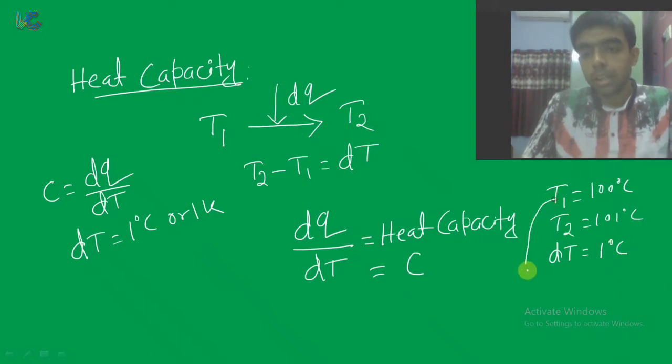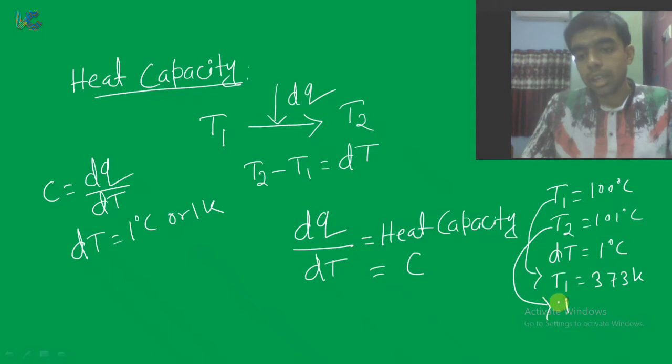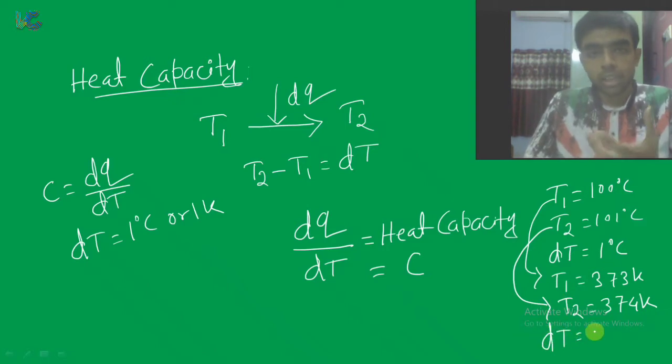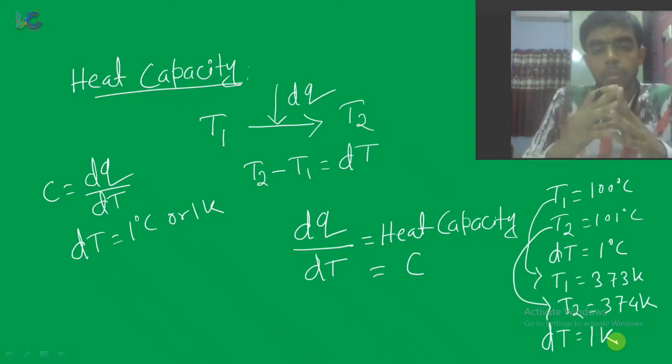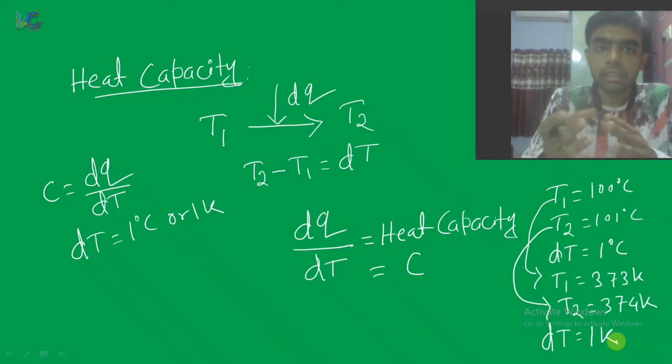If you convert T1 to Kelvin, it will be 373 Kelvin, and T2 will be 374 Kelvin. Then dT, T2 minus T1, is 1 Kelvin. So when discussing the change in temperature, degree centigrade and Kelvin are both the same.